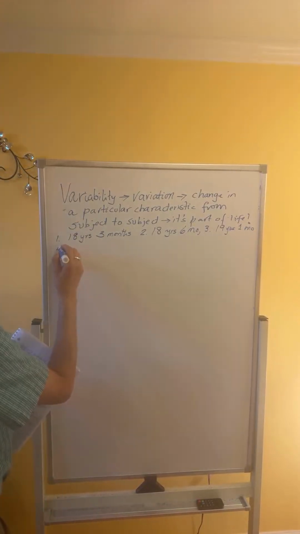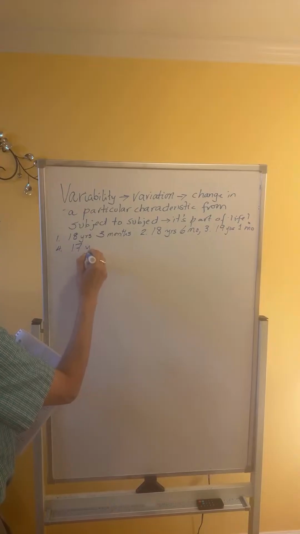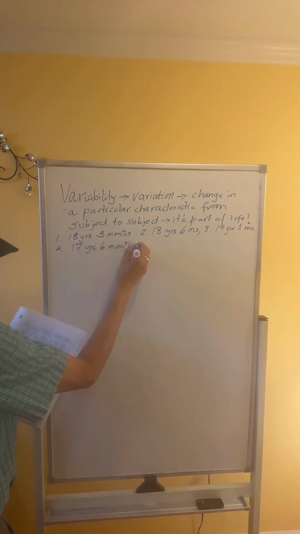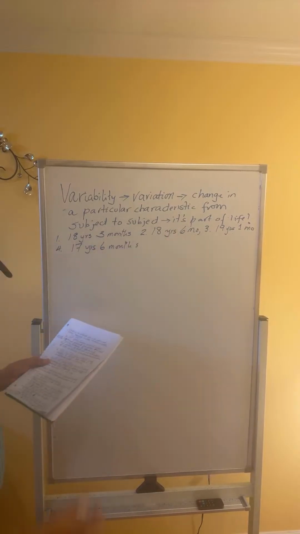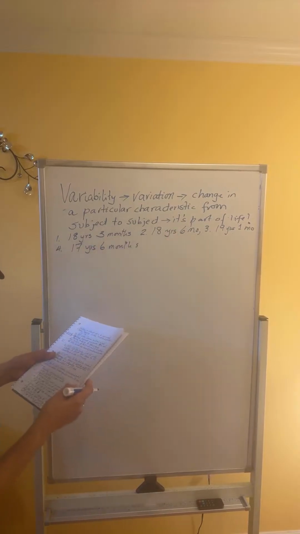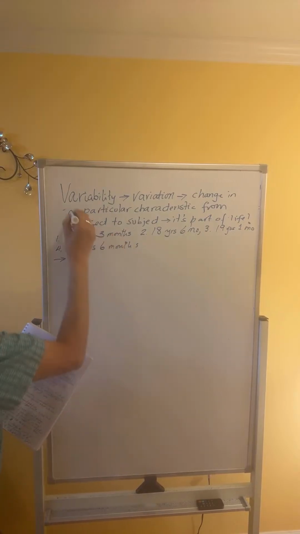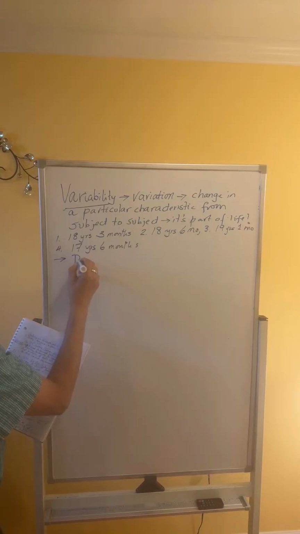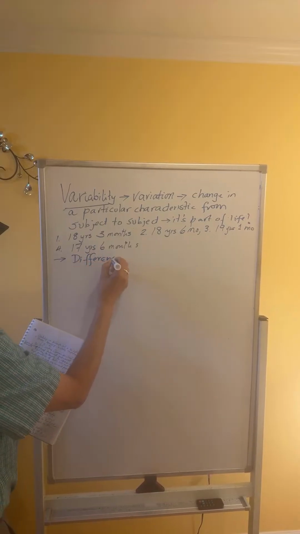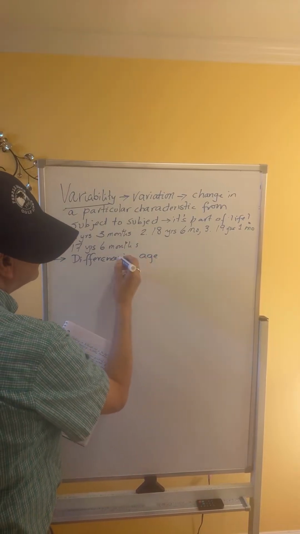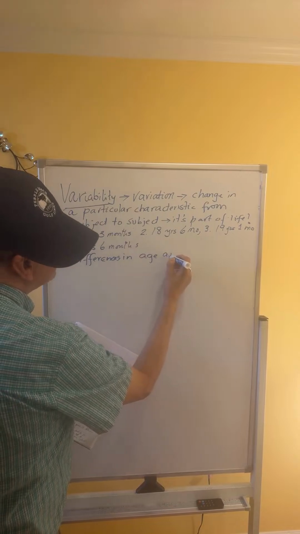Another can be 17 years, 6 months. So as you can see, the ages are all over the place. Immediately we note there's difference in age among students.